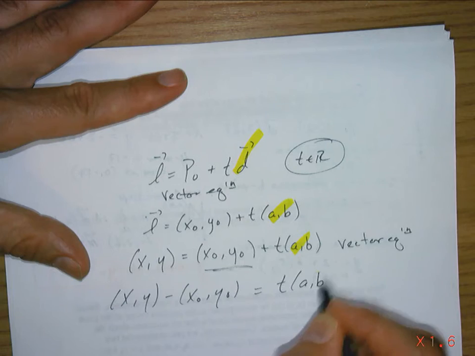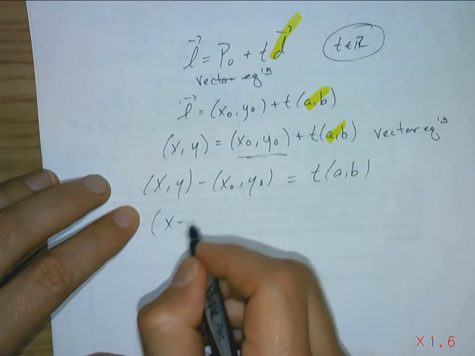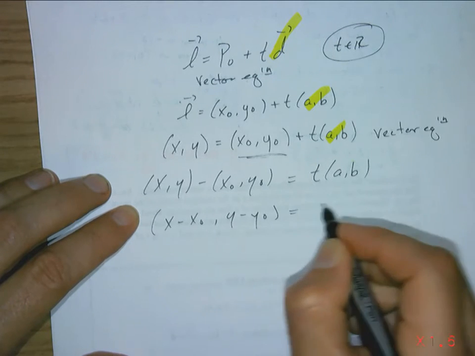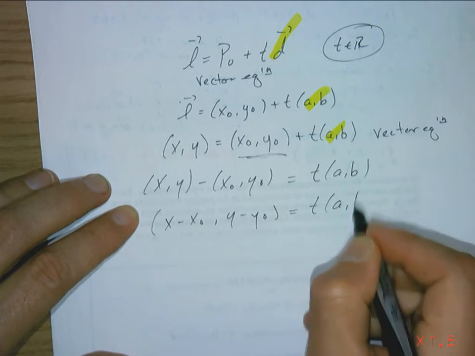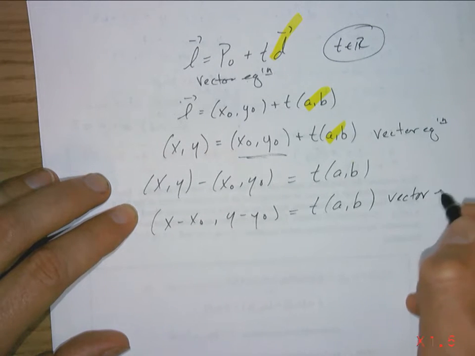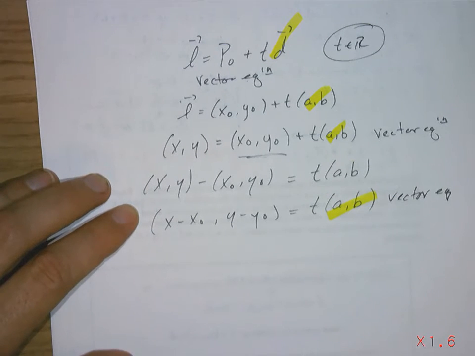And on one of your handout sheets that has homework, you have to work in the vector notation that looks like this. So that again is a vector equation. Why? It's got a vector right there. That's the direction vector. Vector equations, you can use them.